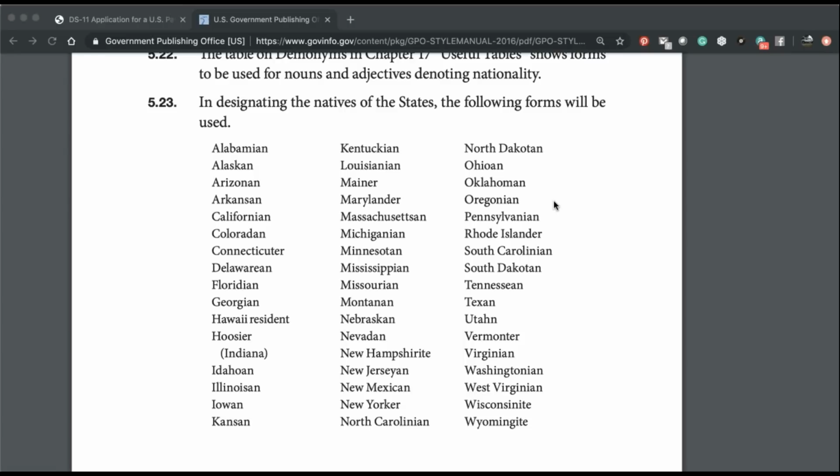This is a question out there. How many people, when they looked at a government form, saw these designations? Anybody can answer that. Nobody. Right.